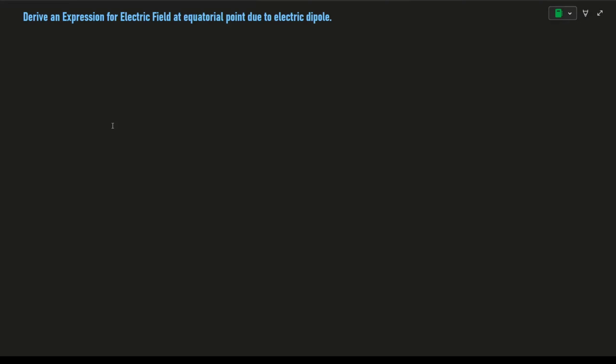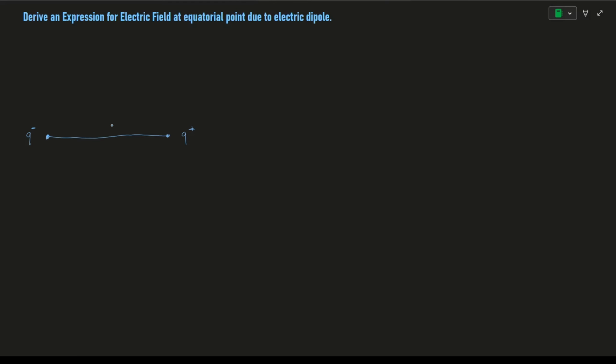Now we will derive an expression for the electric field due to the electric dipole on the equatorial point. So again we are going to draw an electric dipole, and as I told you already, an electric dipole is a system where there will be two charges having the same magnitude, but one charge will be negative and one will be the positive charge. And what exactly is the equatorial point? Equatorial point is basically the perpendicular bisector of this electric dipole.